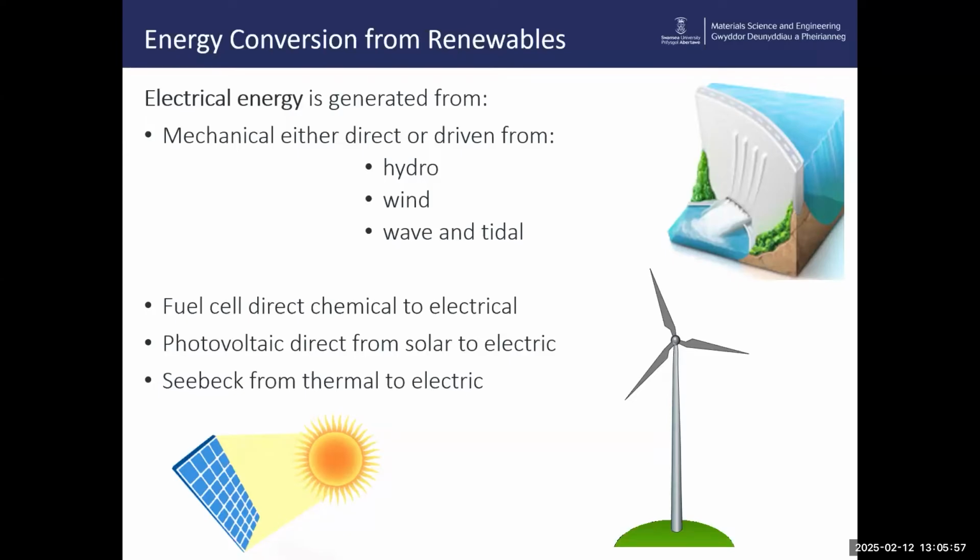The photovoltaic effect directly from solar to electric, and also the Seebeck effect, which is from thermal to electric. This is a phenomenon in which a temperature difference between two dissimilar electrical conductors or semiconductors produces a voltage difference between the two substrates to generate electricity.